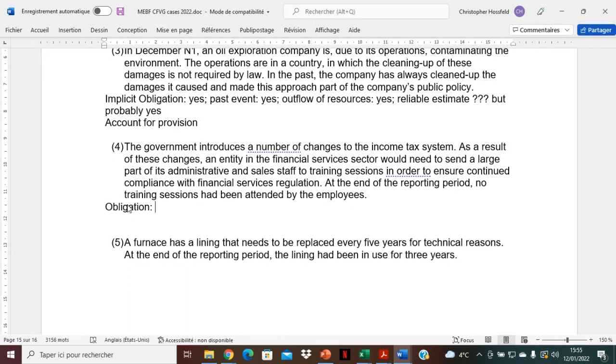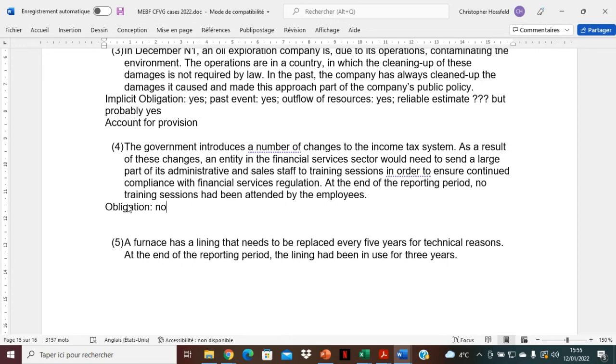Okay, well, as a solution, I tell you no. So that means an obligation is only given when there is no other way out of this situation except training my staff. In this case, well, there would be an obligation, but I tell you, there are other solutions here. The company is not required to send their staff for training.